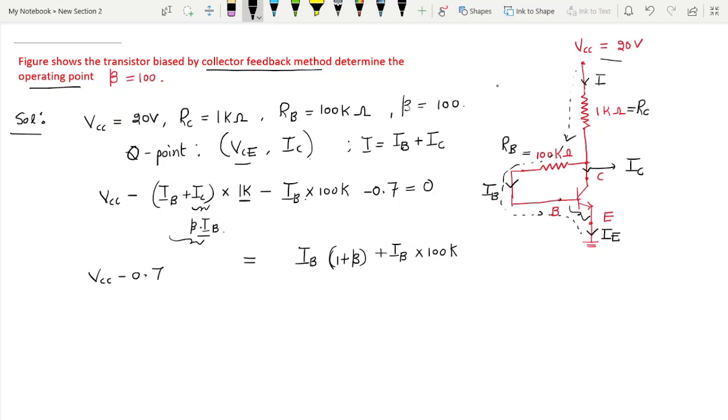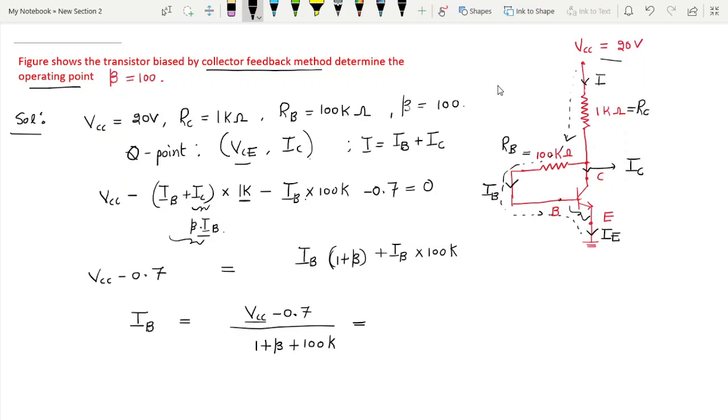So from this I will write the base current. The base current equals VCC minus 0.7 by 1 plus beta into 1K plus 100K.